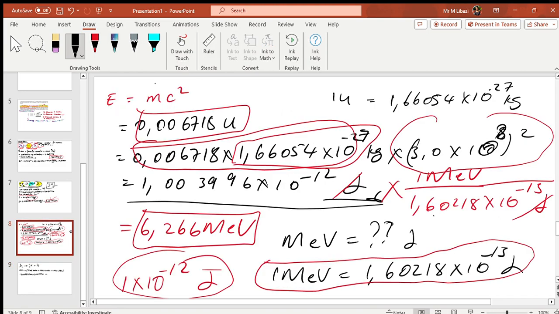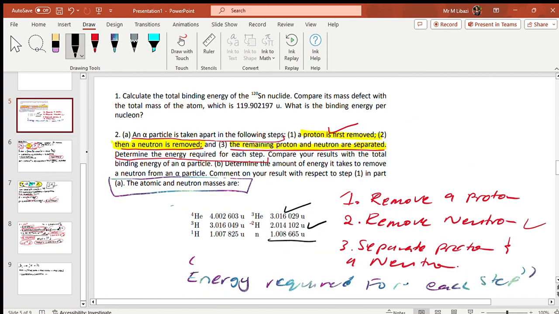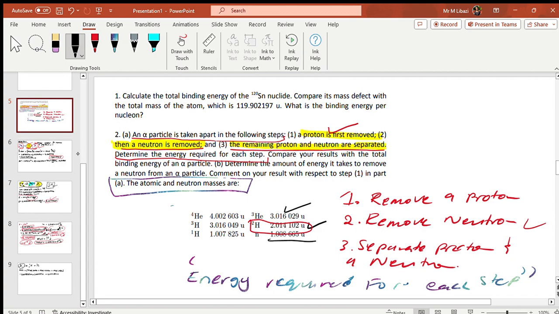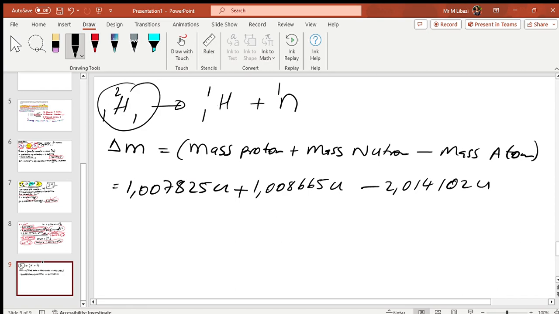We should come here, ne? So to H2, which is 2.014102 u, because that was H2.